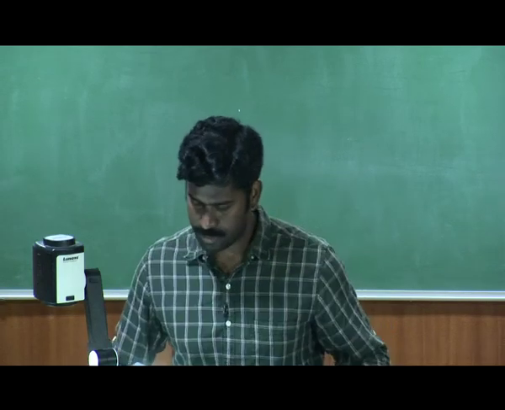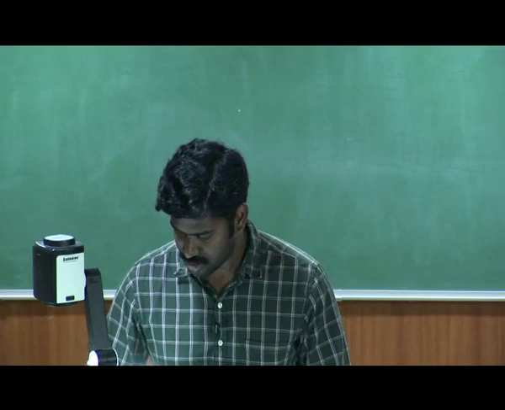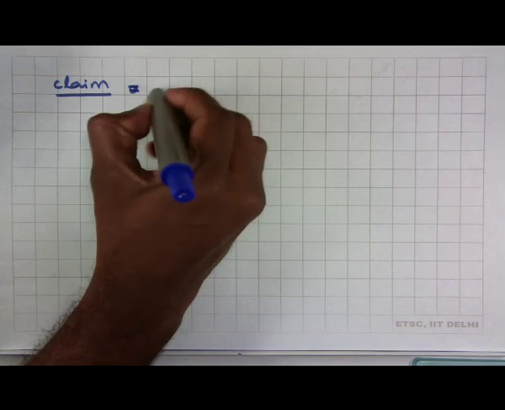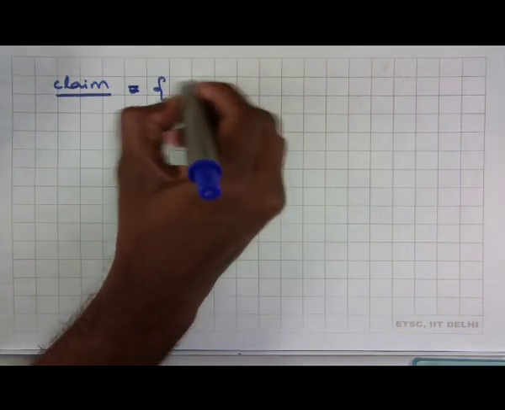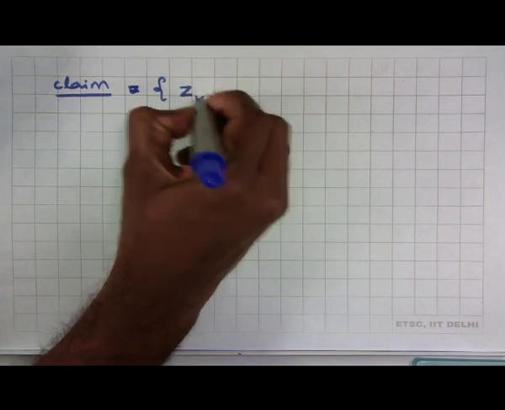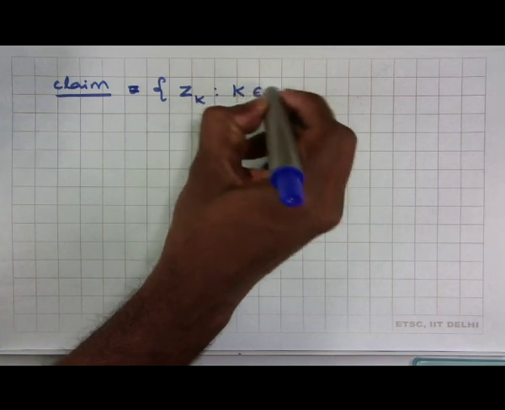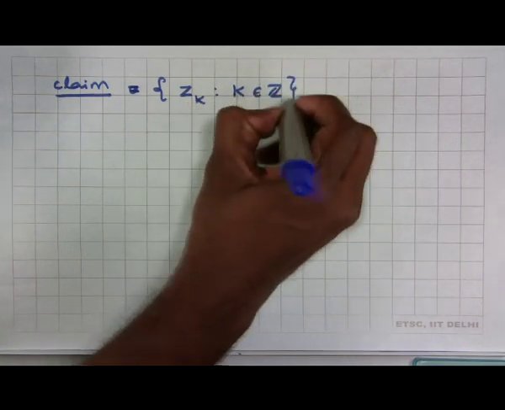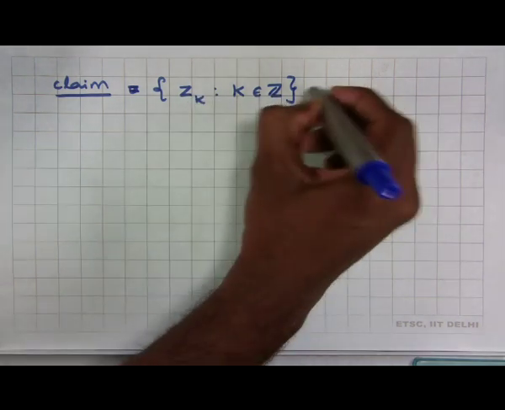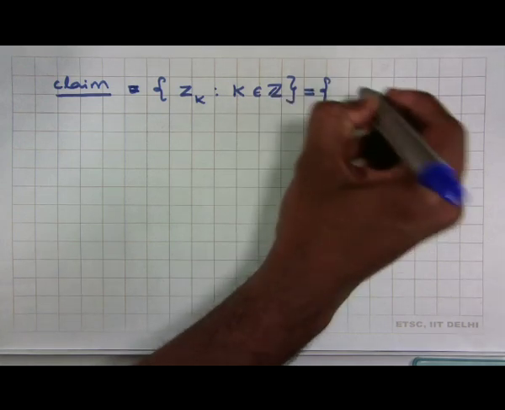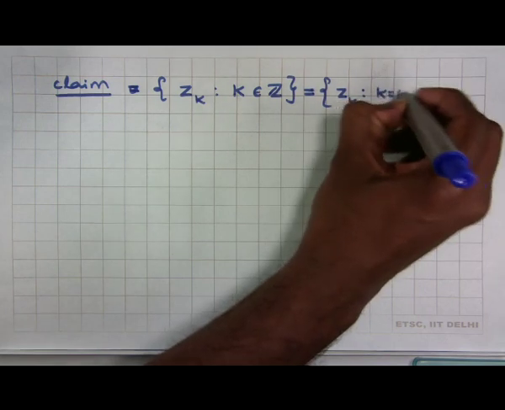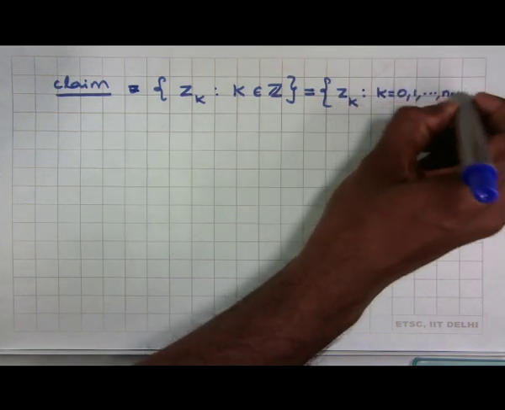Our claim is this: you collect the set of zk, defined in a similar manner from the integers. For each integer you can associate a zk, and we are going to show that it is only a finite set, which is just the zk's with k from 0, 1 till n minus 1.